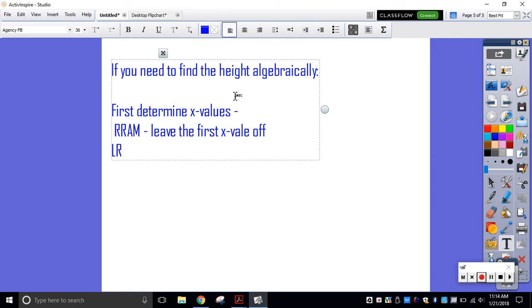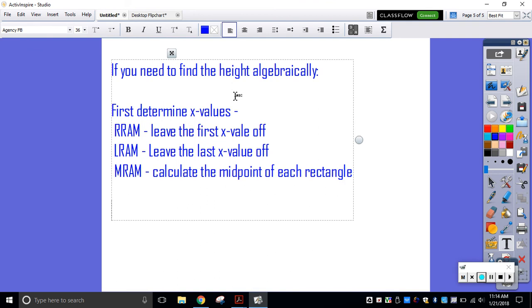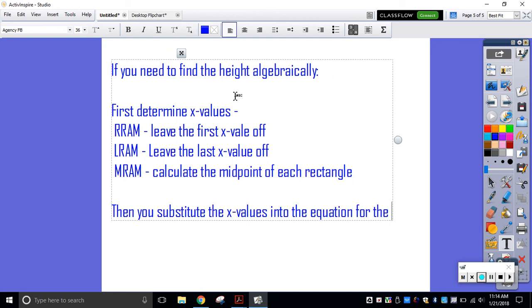If it's LRAM, you leave the last x value off. And if it's MRAM, of course you have to calculate the midpoint of each rectangle. And then you substitute the x values into the equation for the height of each rectangle.